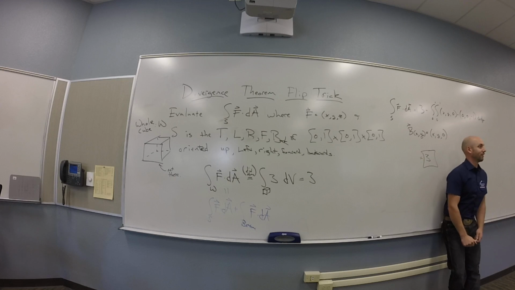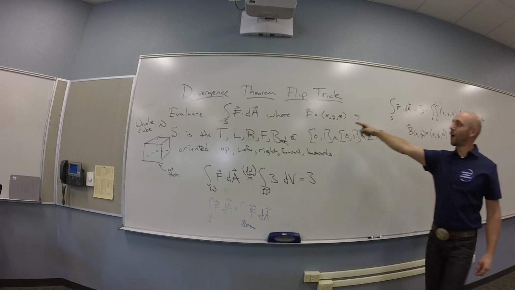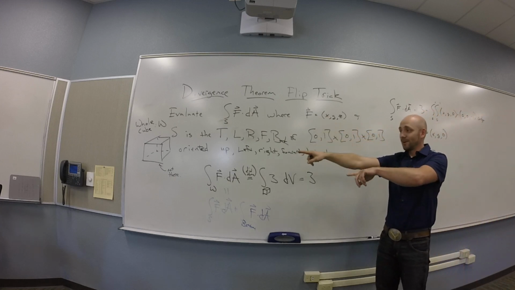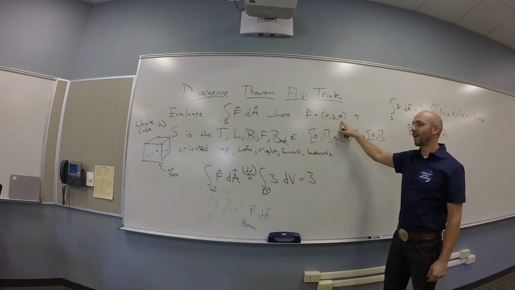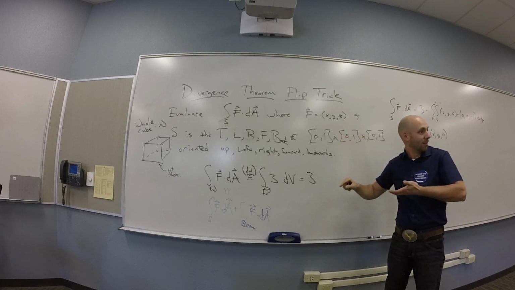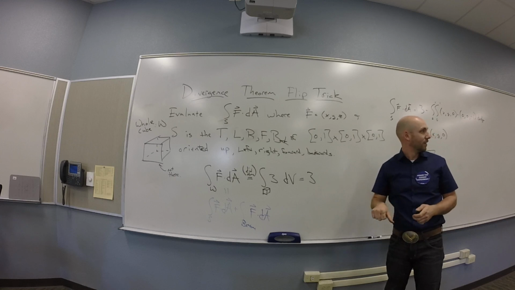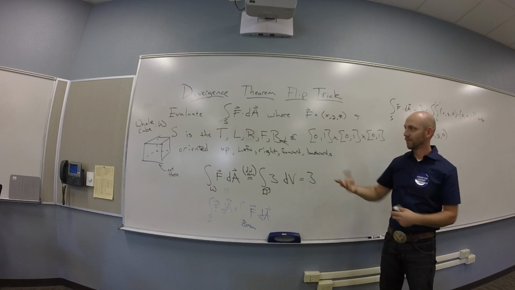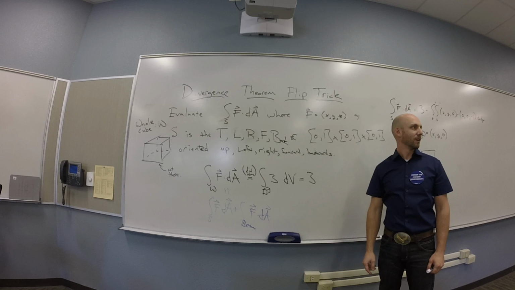You guys cool with that? And what's the reason that it's the same? Because along the bottom of your cube, at z equals 0, your vectors are x, y, 0, so they're parallel to that face, and hence they don't go in or out of the bottom face. So which sides are they going through?